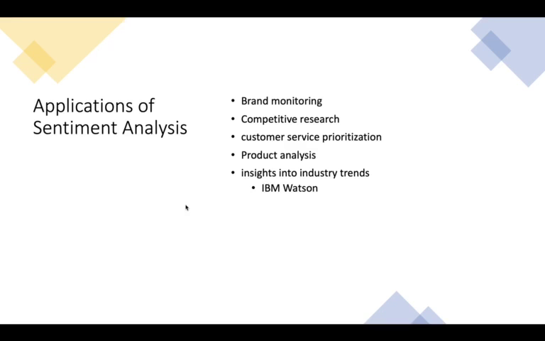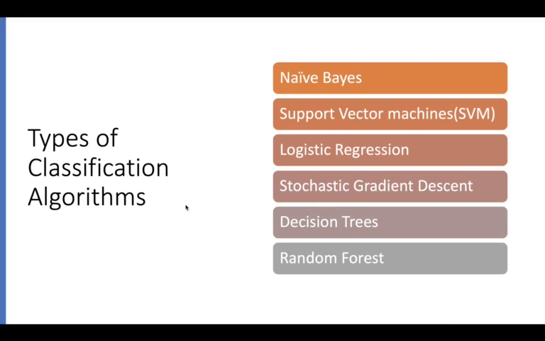You can simply put it as sentiment analysis, but it looks at data in a certain context and says what the trend is in that industry. So types of classification algorithms: we have naive Bayes, support vector machines, logistic regression, stochastic gradient descent, decision trees, and random forest. We'll look at them one by one.